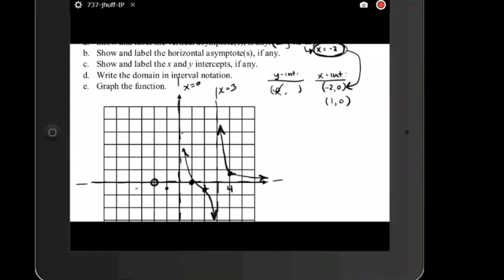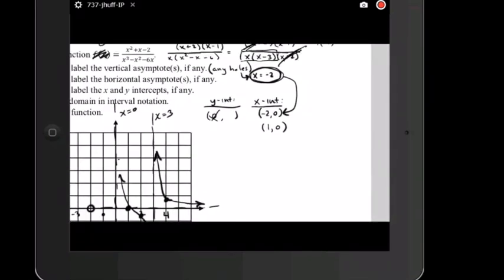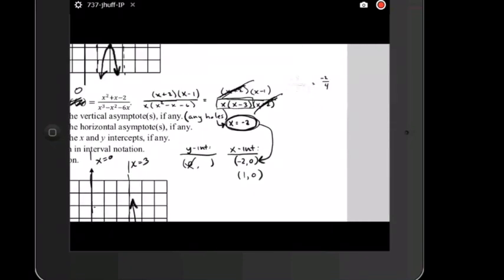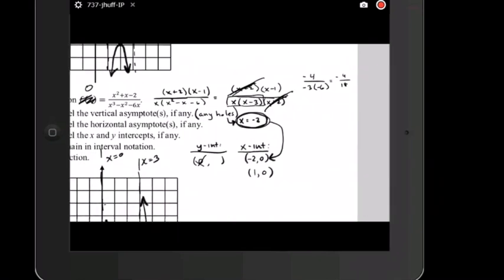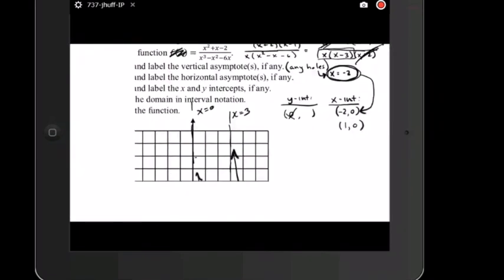I'm also going to plug in negative 3 on the other side of that hole. Negative 3 minus 1 is negative 4. And then negative 3 times negative 3 minus 3, that's negative 6. So negative 4/18, that's still negative.